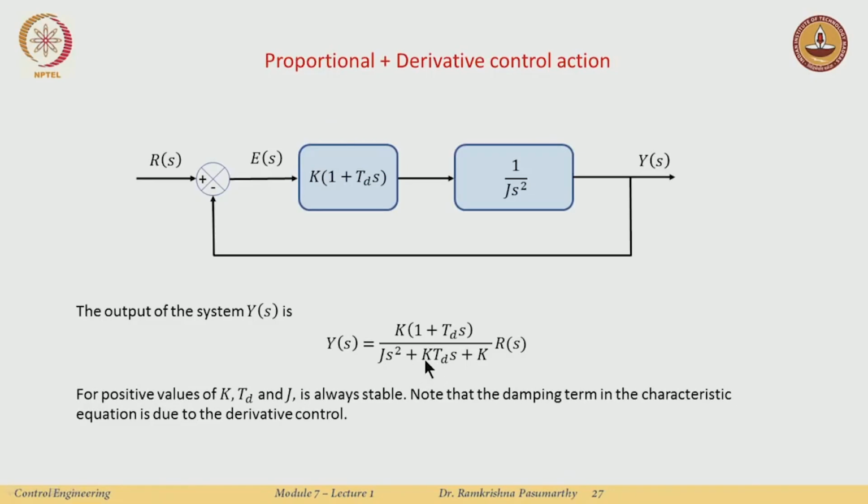Now, what did the derivative control do? It just added this extra term here, which was absent earlier, right. It added a damping term into my characteristic equation, and this damping term is due to the derivative control action.